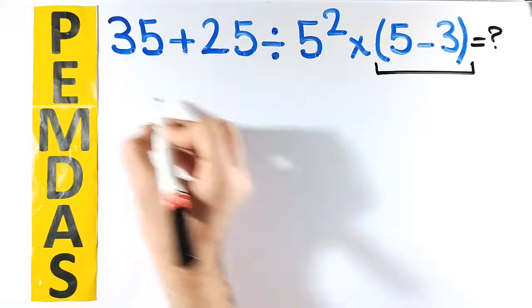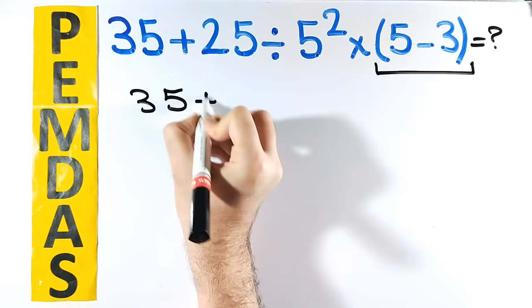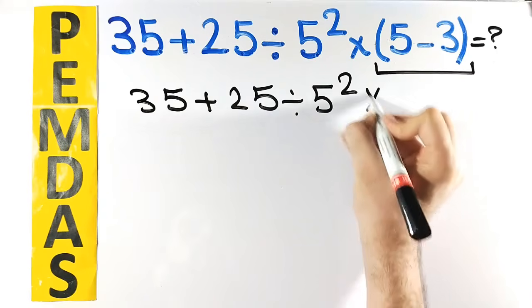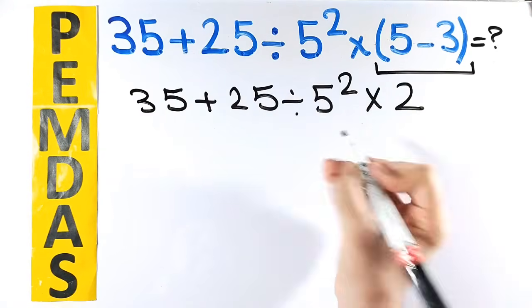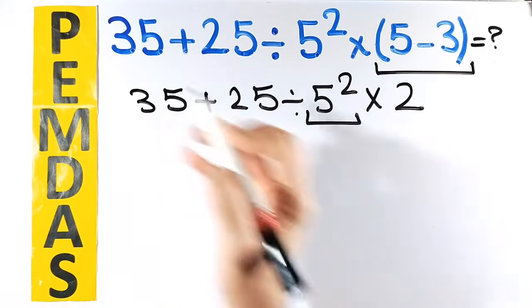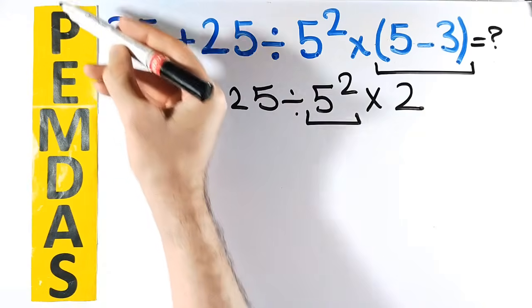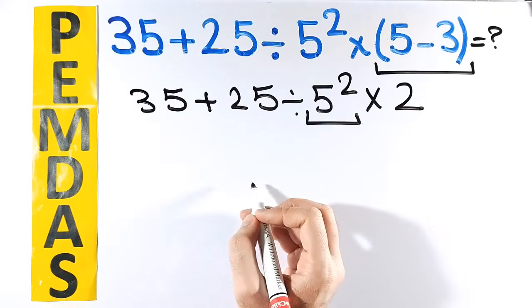So, we rewrite this expression as 35 plus 25 divided by 5 squared multiplied by 2. And the next step, we go for the exponent because in the PEMDAS rule, after parentheses, exponent has a higher priority than the other operations.